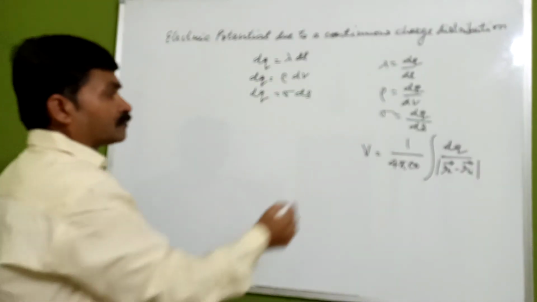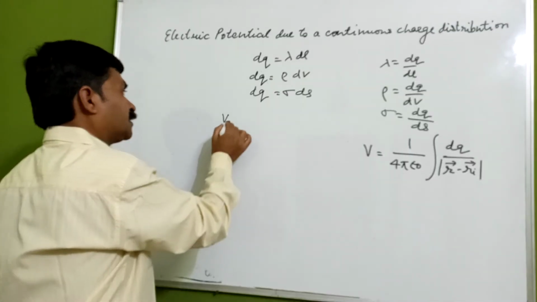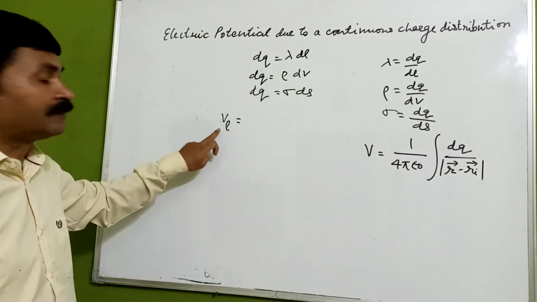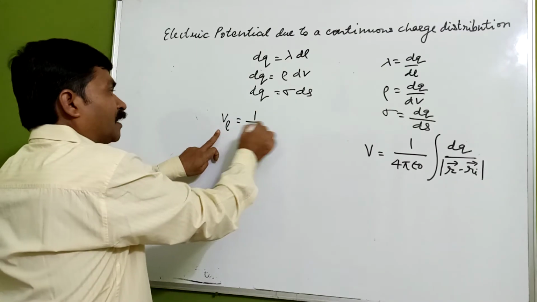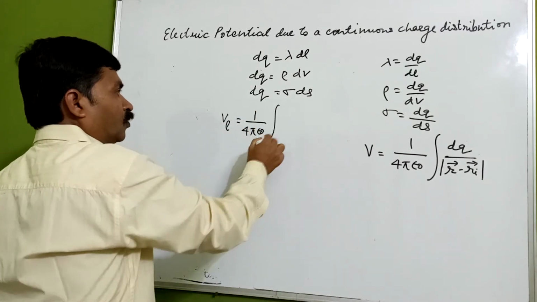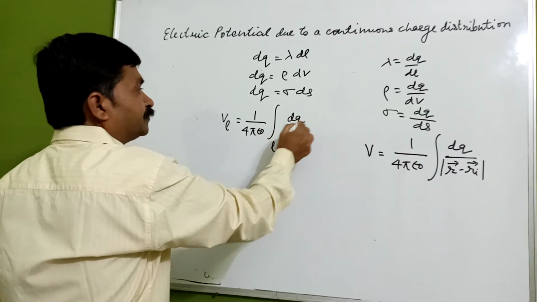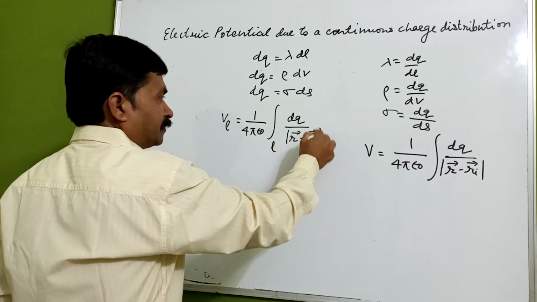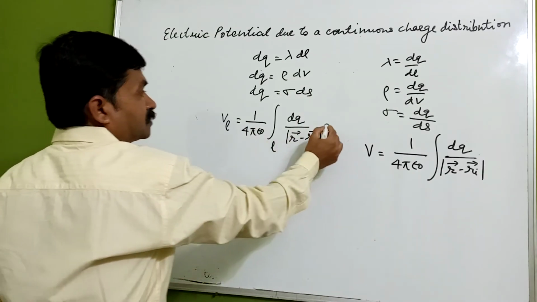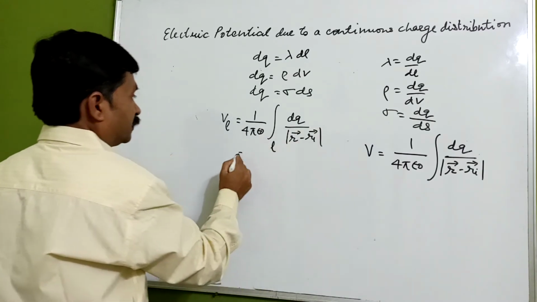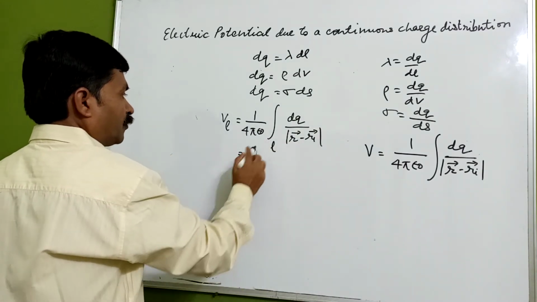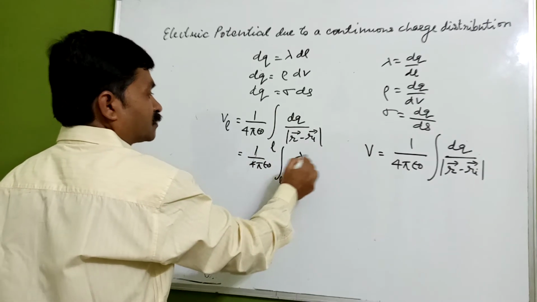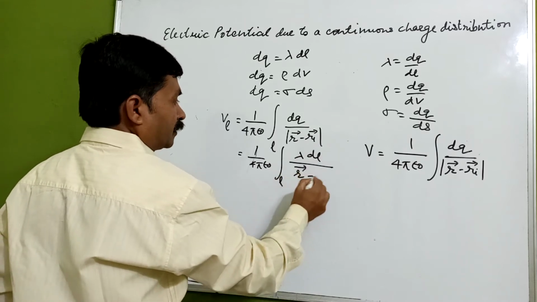Now if we talk in terms of the linear charge density, there will be electric potential, and this will be given by 1 upon 4 pi epsilon naught over the length dq upon the magnitude of vector r minus ri. Now dq will be replaced by lambda into dl, upon vector r minus ri.